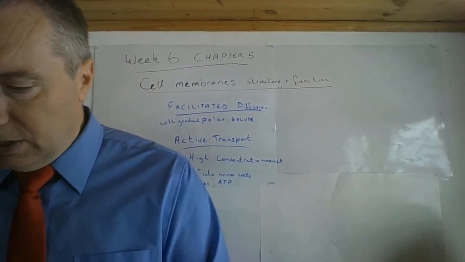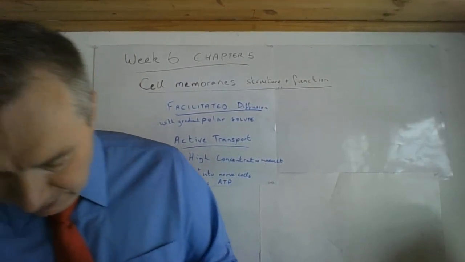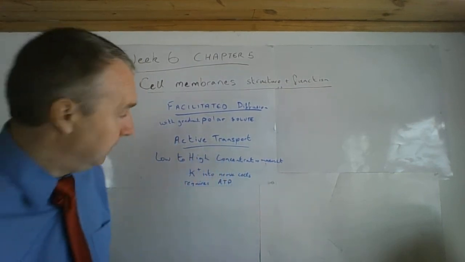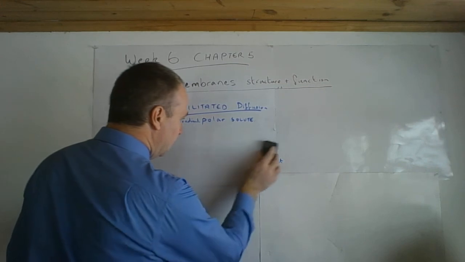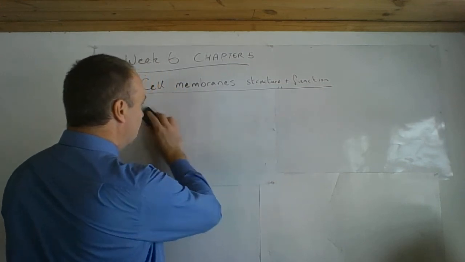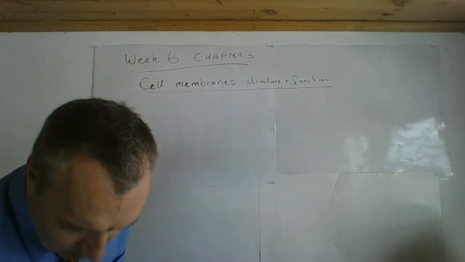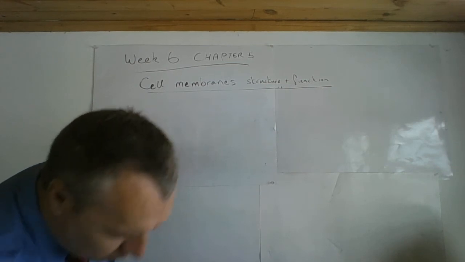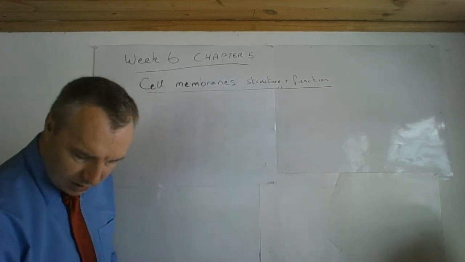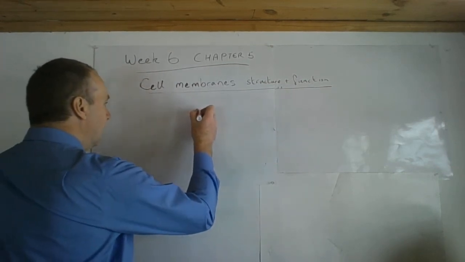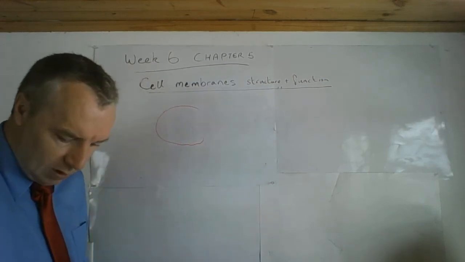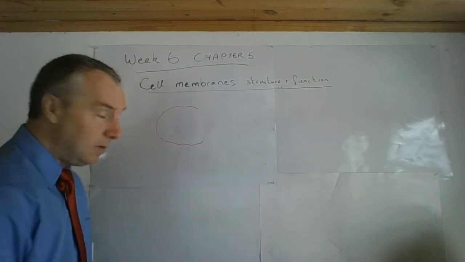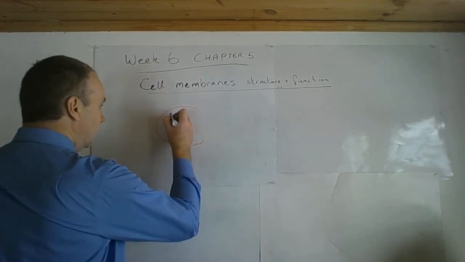So now let's talk about phagocytosis and pinocytosis. So, okay, we have a white blood cell, and these are the ones that have the nucleus. If you guys remember, it looked a little bit like this.